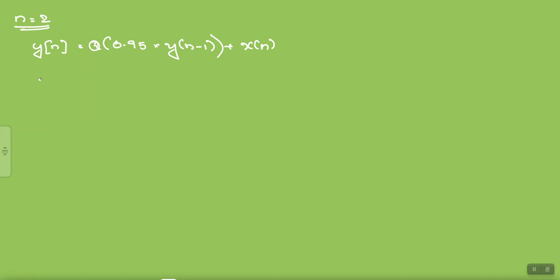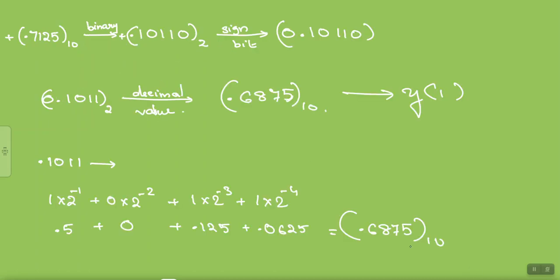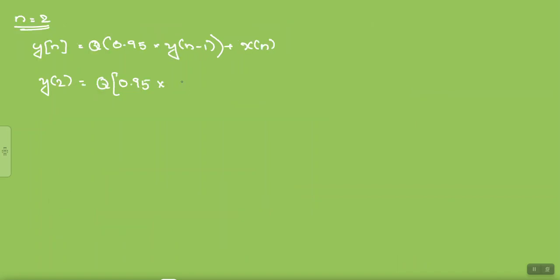And for n is equal to 2, y of 2 will be quantization of 0.95 into 0.6875 plus x of 2, which is 0.